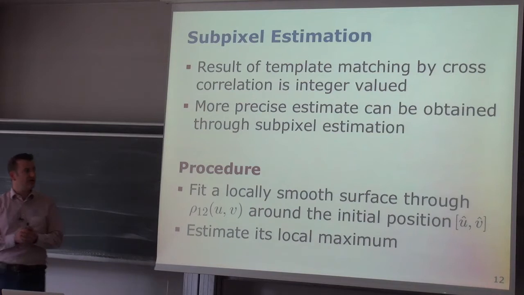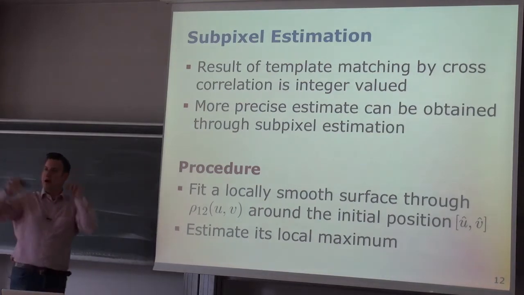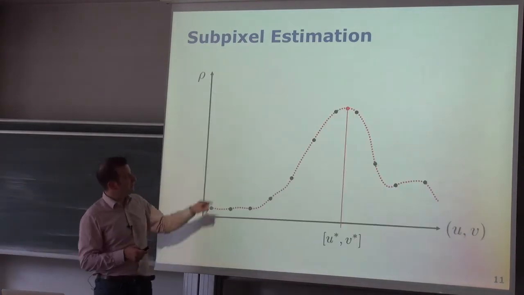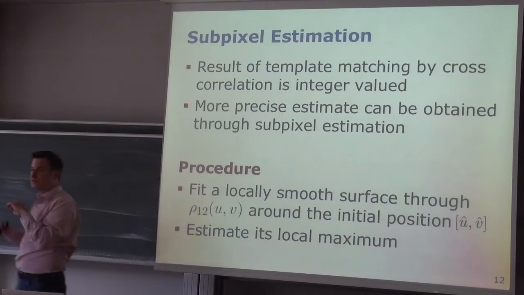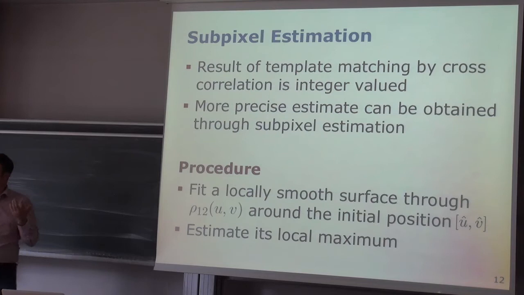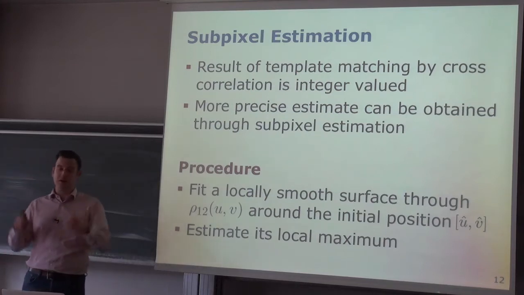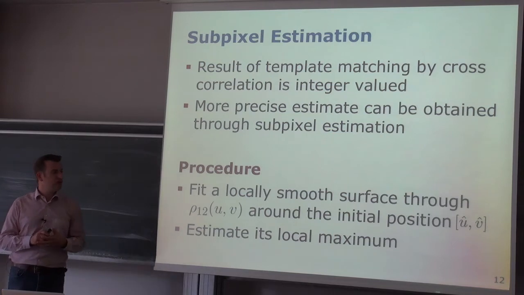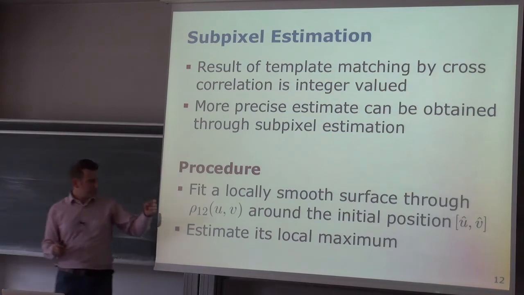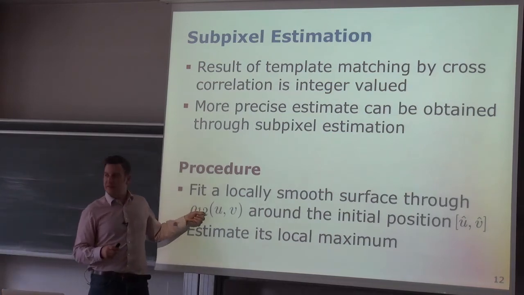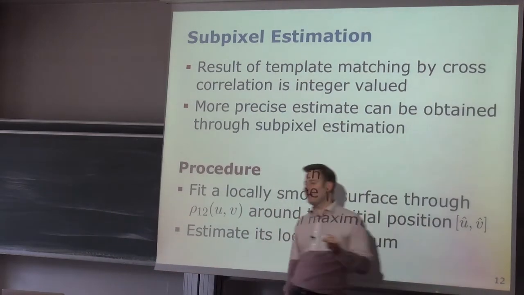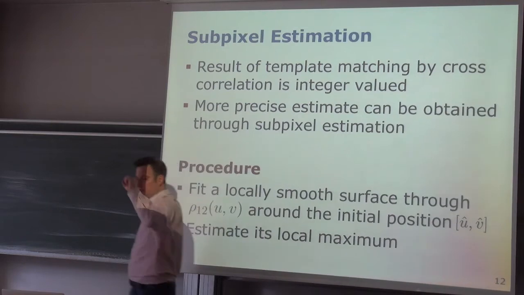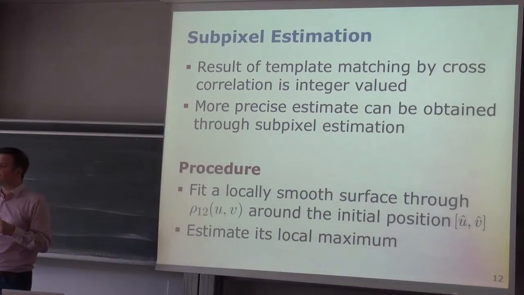And how we do this is we take our points, so these black points over here, and simply fit a smooth surface. In this case, it's typically a quadratic function, a quadratic form, so a parabola in 2D or a quadratic form in multiple dimensions. We approximate this function, starting from the best result that we have, and then estimate the maximum of this function.